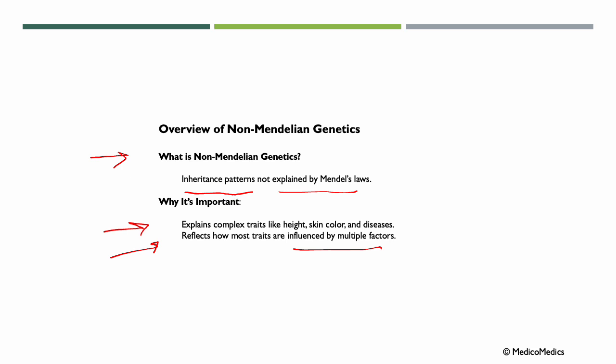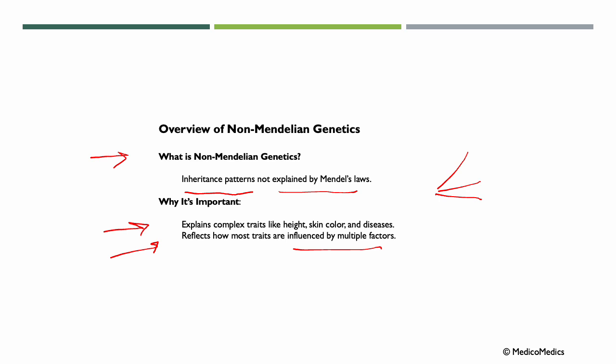So some types of non-Mendelian inheritance include, as we mentioned in the previous lecture, incomplete dominance, which is a blend of traits; let's say you have a red and a white flower, and you get a pink flower. We also have codominance, so both alleles are equally expressed, like AB blood type. Polygenic inheritance, multiple genes controlling a trait, like skin color or height.